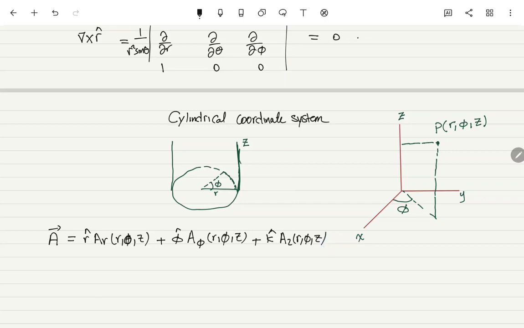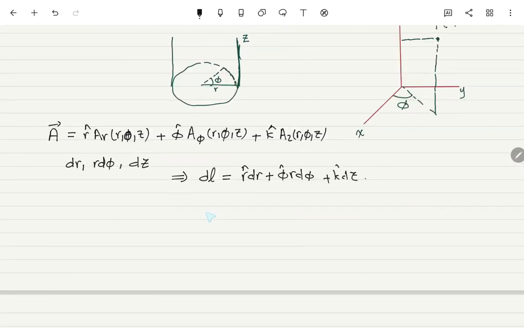And the differential lengths are dr, r d phi, and dz, in such a way that dl is equal to r hat dr plus phi hat r d phi plus k hat dz, and the volume element d tau is equal to r dr d phi dz.